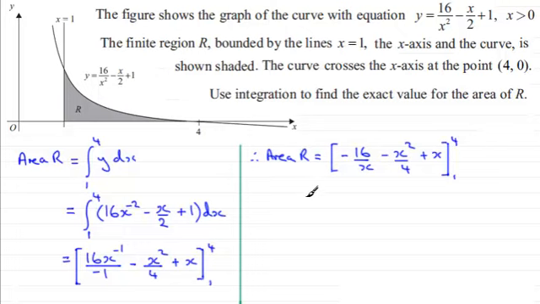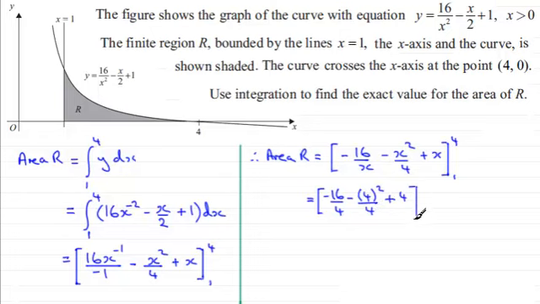Substitute the 4 in first. For the first section, it's going to be minus 16 over 4, minus 4 squared over 4, and then plus 4.